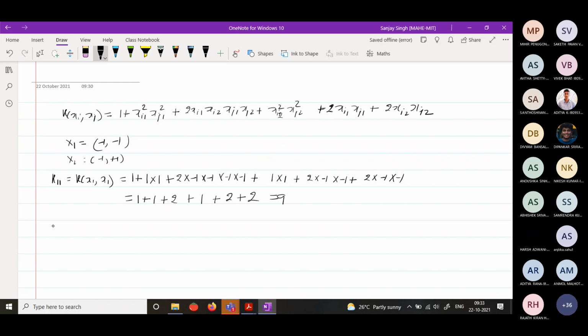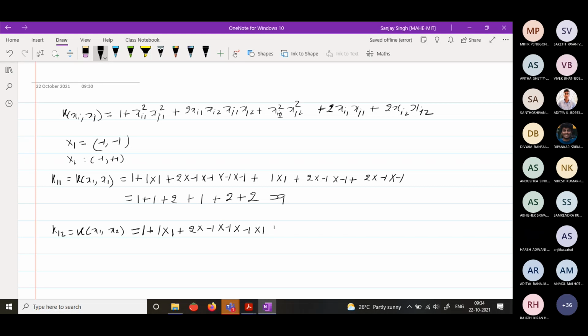Now let me check what is k12. Basically this was k12, right? This was x1, this is x2, so it means x1 comma x2. So now we'll start doing it. 1 plus xi1 square, any square means 1 into xj1, which is also -1, so that is 1, plus 2 into -1 into -1 into 1, because xj2 is +1.